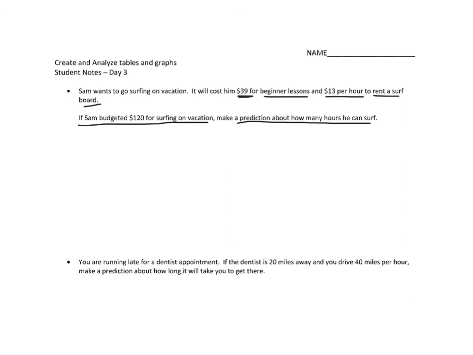All right, so he's got to pay the $39 regardless of how many hours he does, right? So it's $39 plus $13 per hour, so times X. And X is going to be the number of hours. Okay? All right, so we've kind of got an equation there.